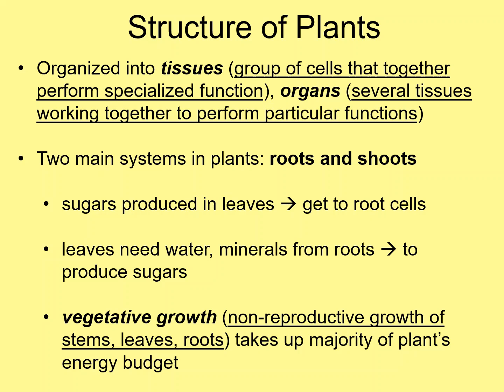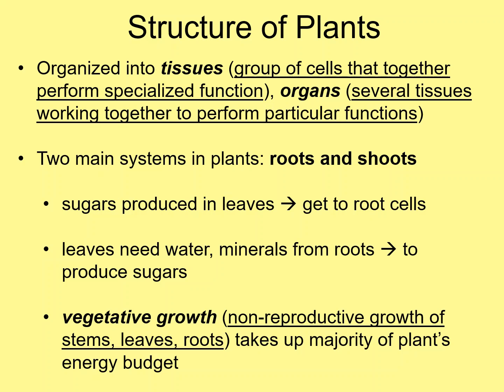So vegetative growth, for most plants, takes up most of their energy budget. In terms of annual plants, a very r-selected life history strategy, they don't tend to get as big, and so they reach that trade-off point earlier than, say, more K-selected plants, where essentially they grow as quickly as they possibly can, and then they switch over into growth of reproductive structures.